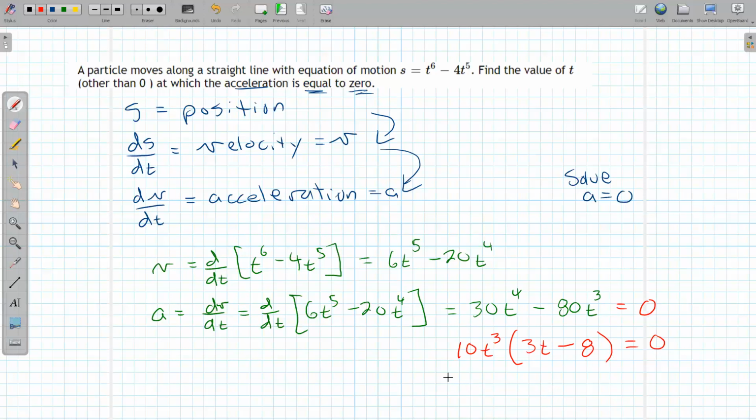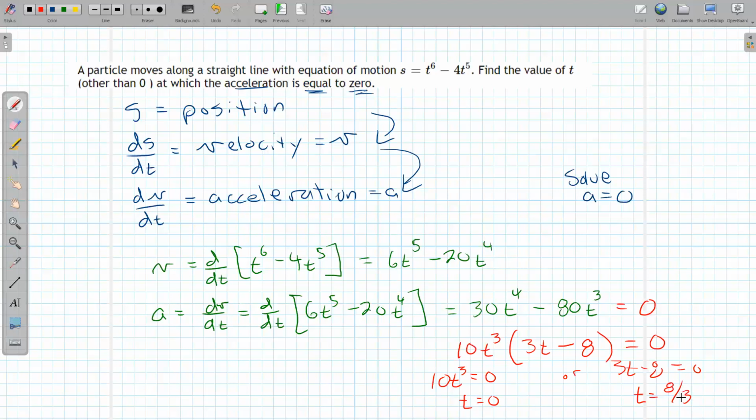So either 10t cubed equals 0 or 3t minus 8 equals 0. Here, divide by 10, take the cube root, we just get 0. It's the only possibility there. Over here, add 8, divide by 3, it looks like t is 8/3.